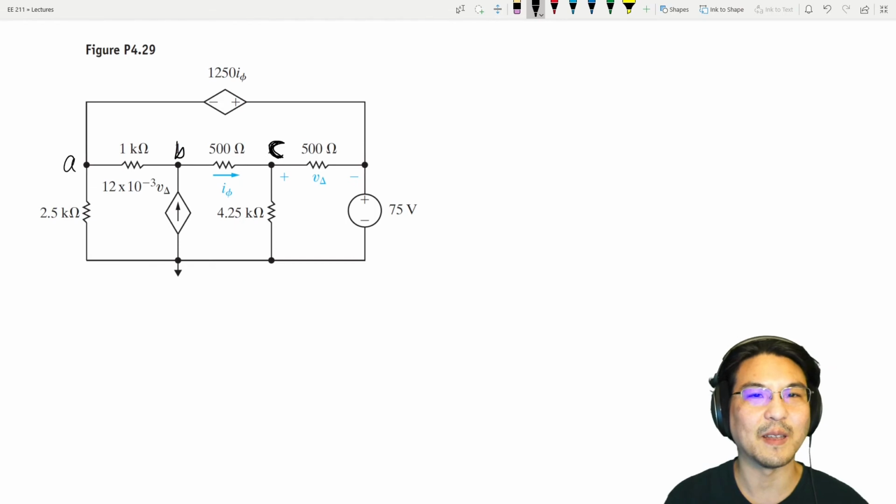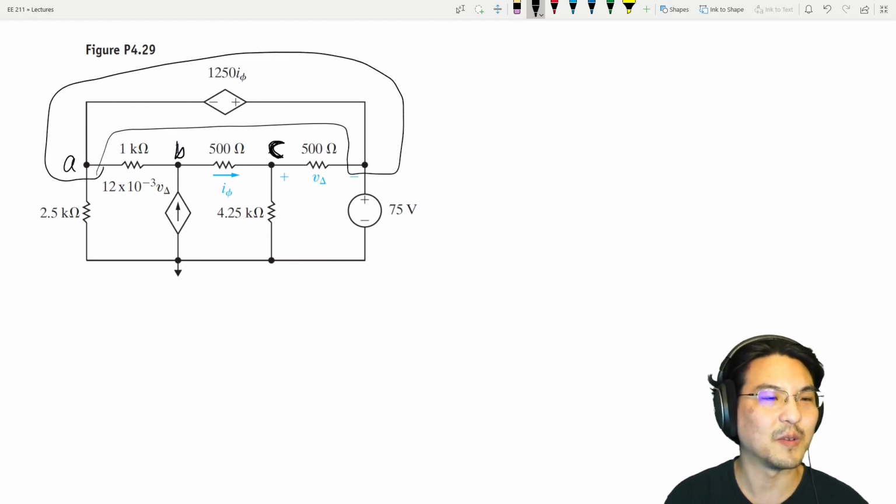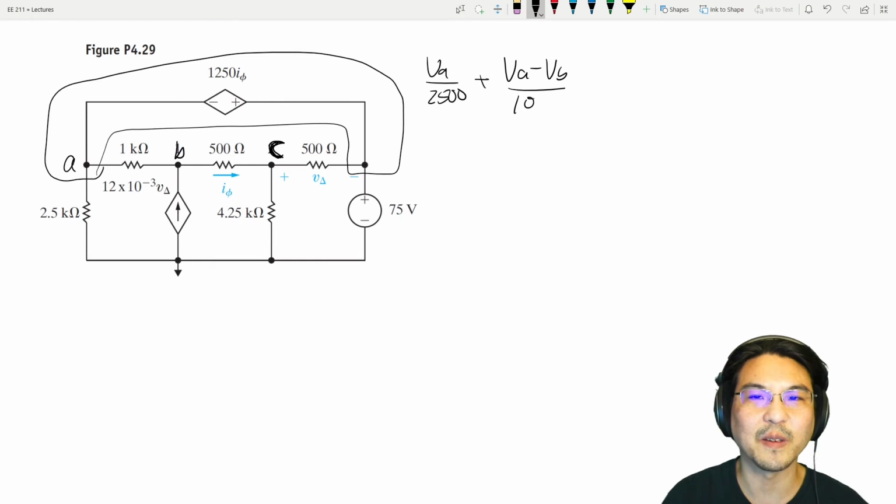Okay, so then I can write KCL for the supernode. Let me do that one more time. So for the supernode here, VA over 2.5K, and then over here, VA minus VB over 1K, and where are we?